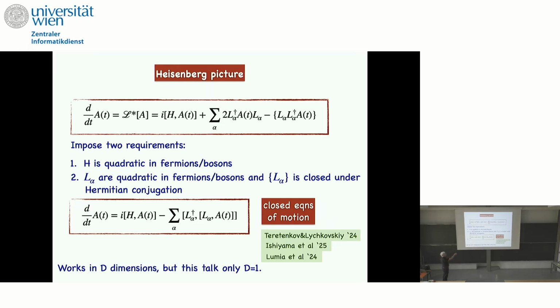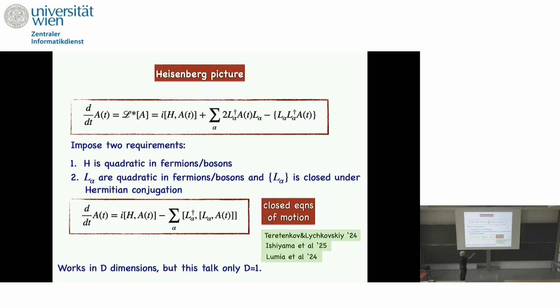So now we impose two requirements. I will take the Hamiltonian to be very simple: quadratic in fermions. So the Hamiltonian part is a free theory. But now the jump operators I also take quadratic in fermions. I could actually do the same problem for bosons, but I'm going to talk throughout about fermions.